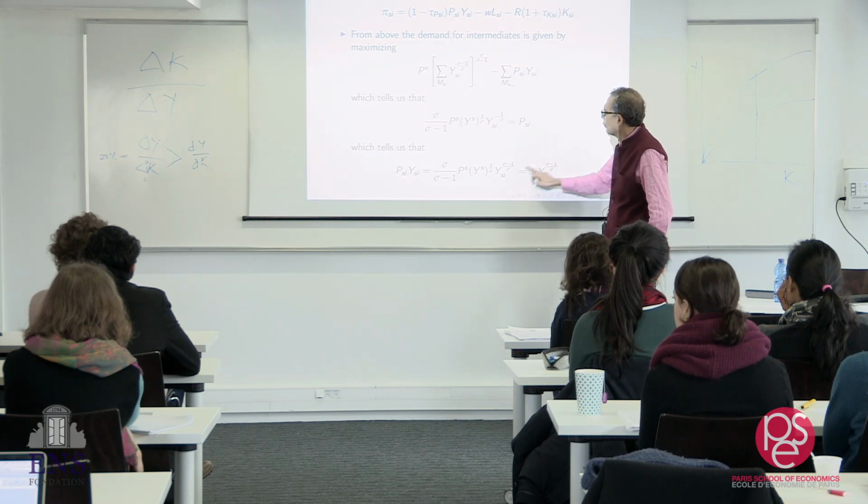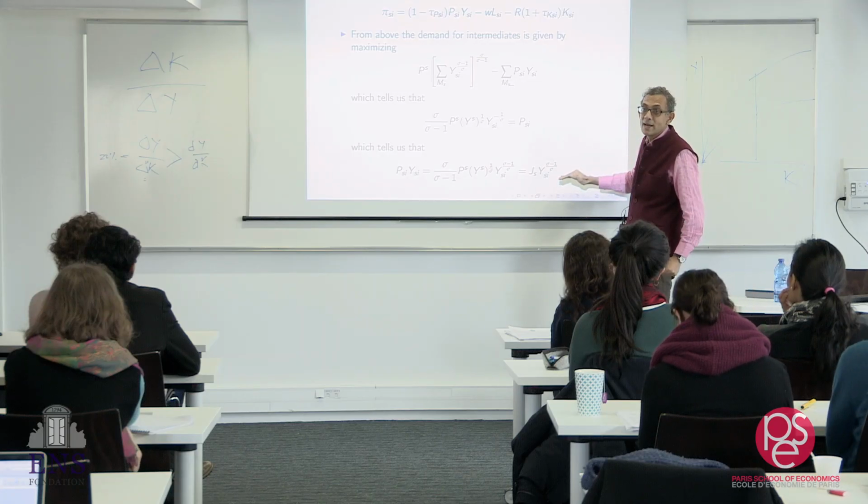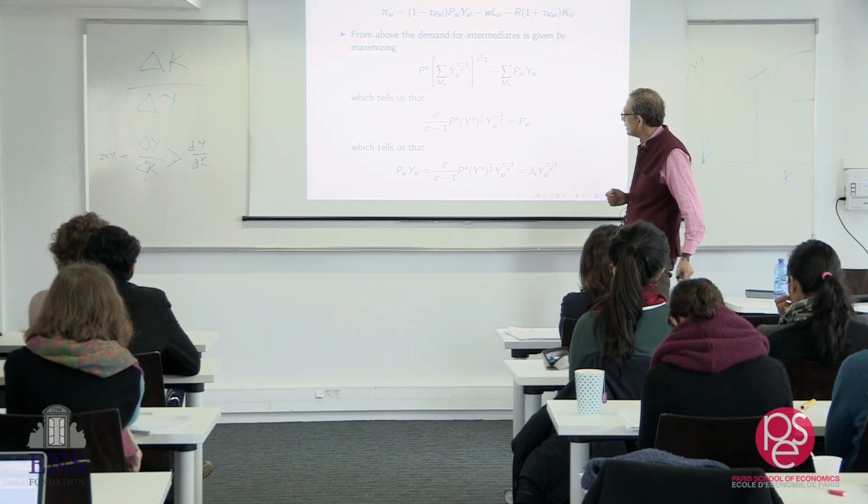Then they write it in this form. All that I want you to do is check that you understand it. I think I copied it directly from the paper. I think I copied it correctly, but you should check it because it's actually kind of good practice.